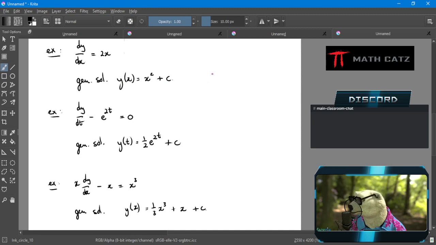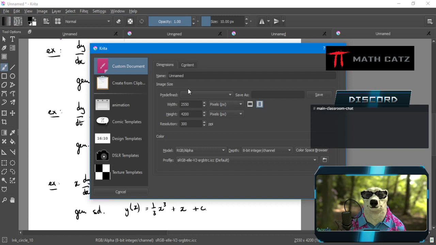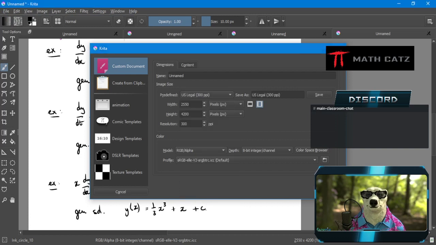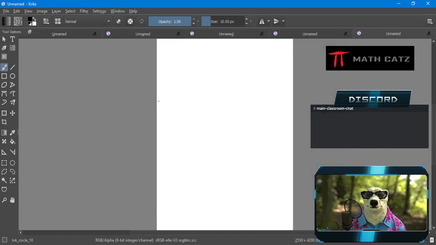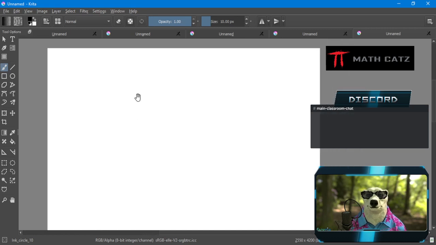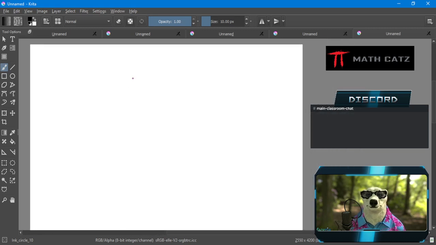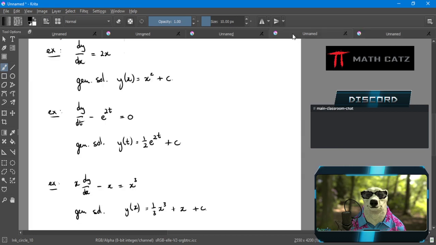If I look at this first one, I'm going to make a new page just so I don't mess this one up. If I look at this first one, what is this asking? It's asking for a function that has as derivative 2x. And I found that they are basic parabolas, but shifted in a way I don't know.